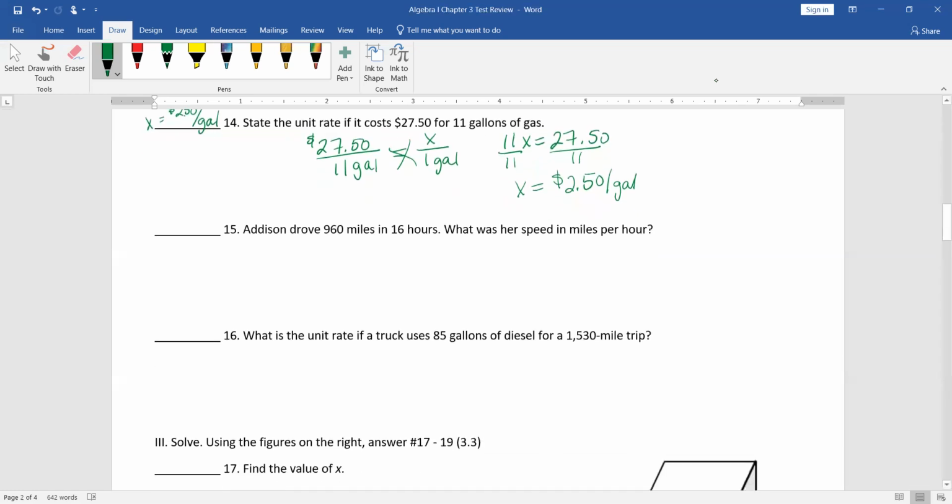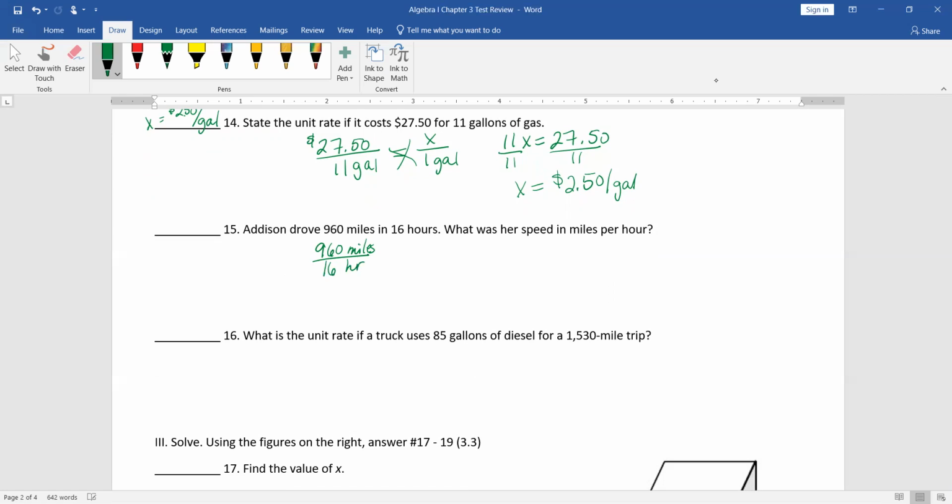I think you have a couple of these on your test, so I gave you a few different examples. Addison drove 960 miles in 16 hours. What was her speed in miles per hour? We're going to assume we're just calculating her average speed. So we have a rate of 960 miles per, excuse me, per 16 hours.